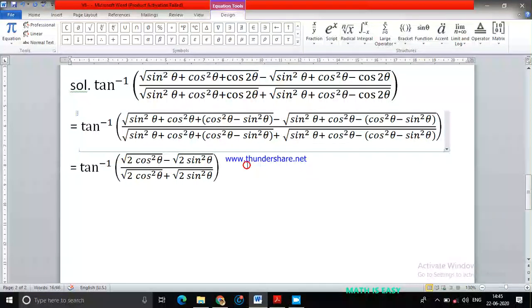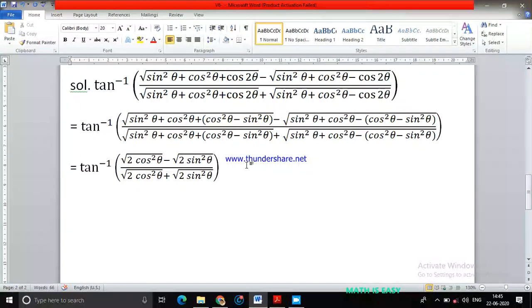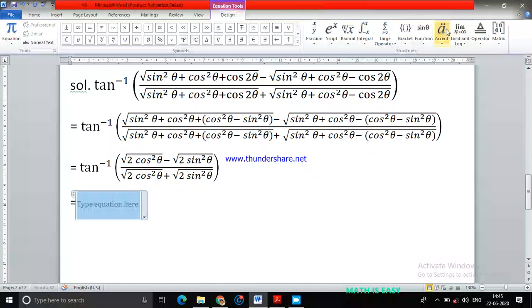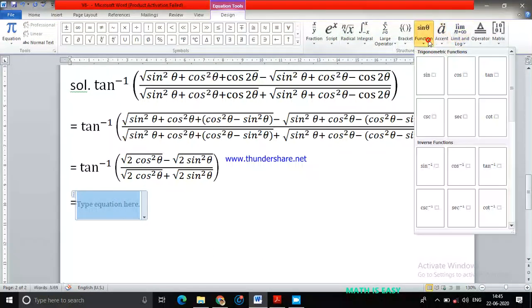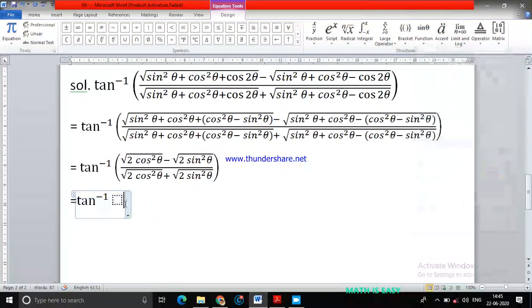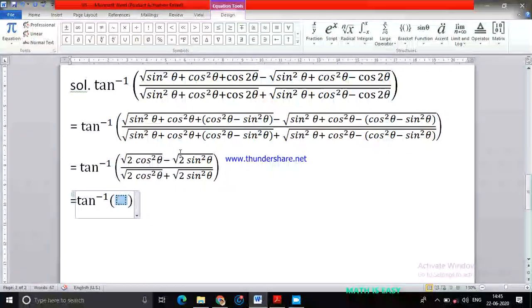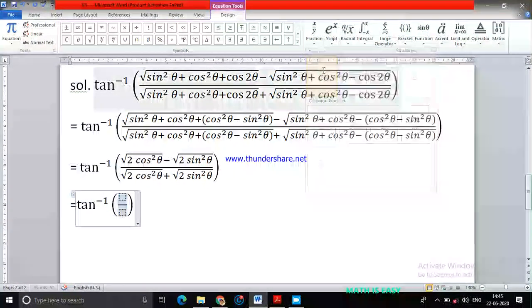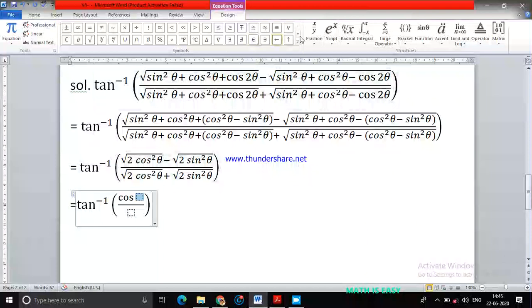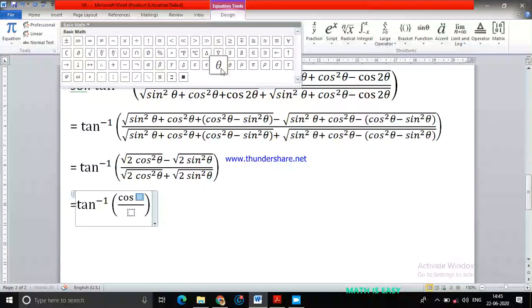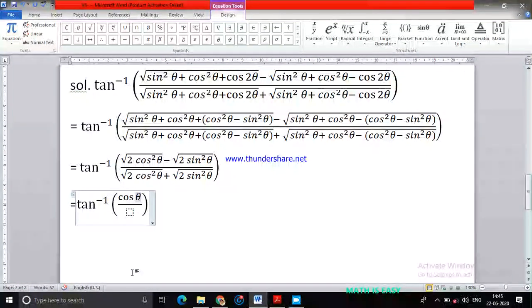Now from every term, if I take root 2 common out, it will get cancelled from numerator and denominator. Then what are you left with? Under root cos square theta, which is nothing but cos theta only, as root 2 will get cancelled.